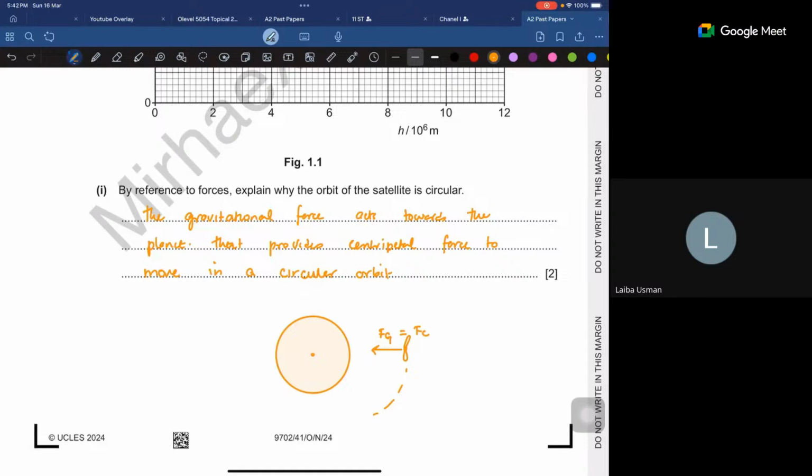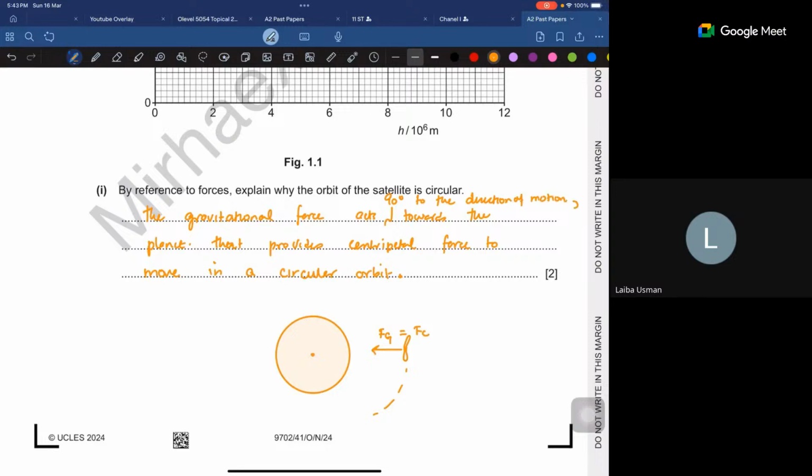The other thing that you guys need to remember is that when you say acts towards the planet, I think you should also include that the gravitational force acts 90 degrees to the direction of motion towards the planet.